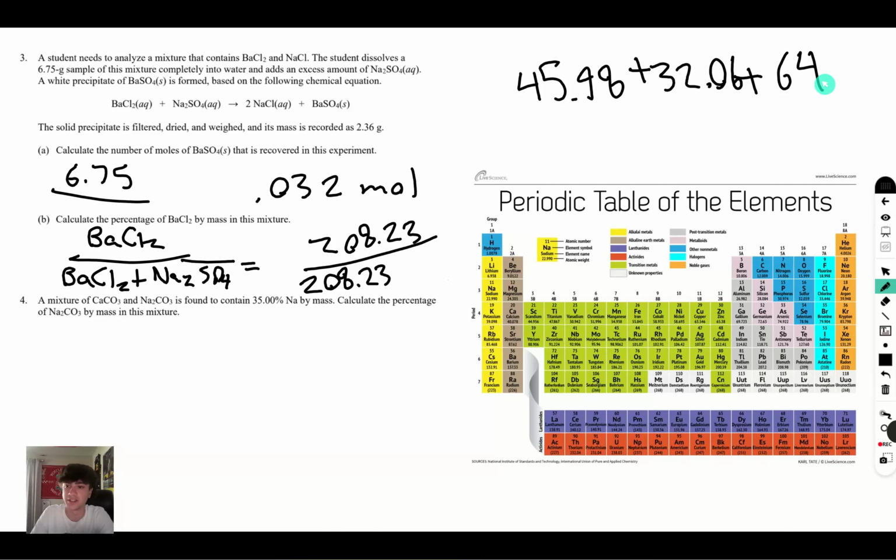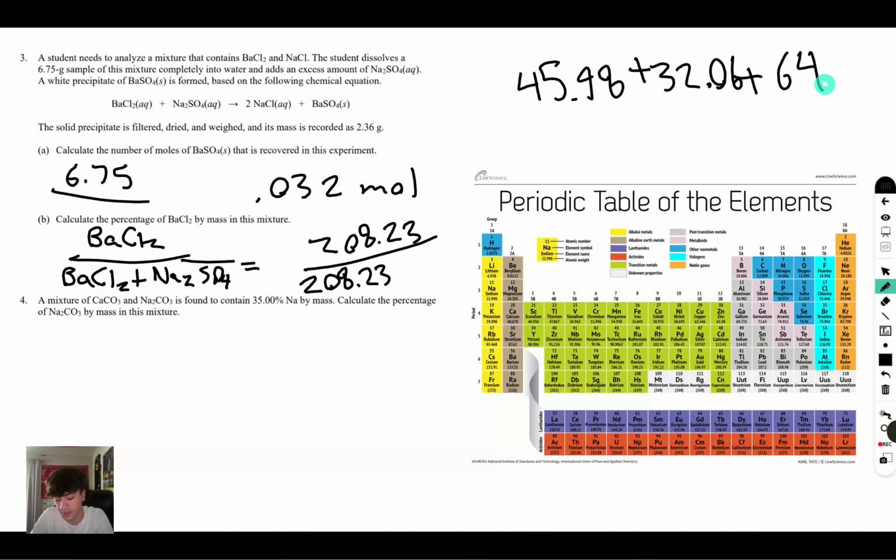So let's calculate that out really quick. 45.98 plus 32.04 plus 64. That gives us 142.02, and then add that to the 208.23. That gives you 350.25.